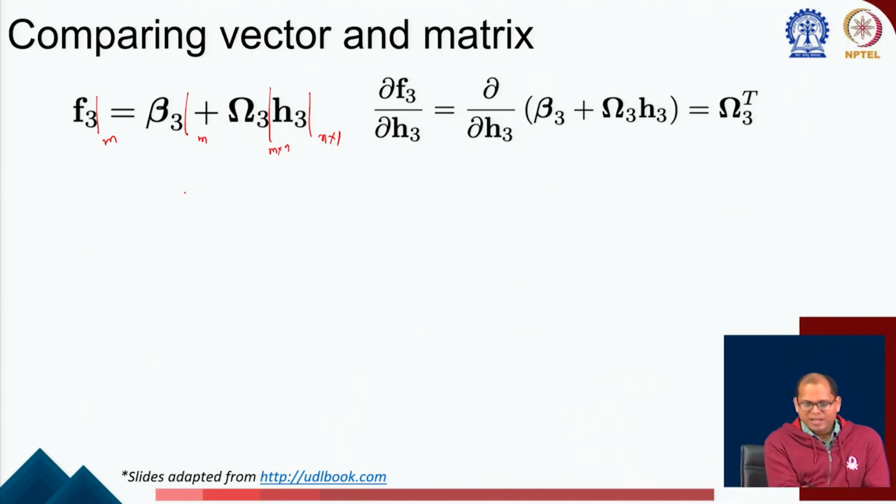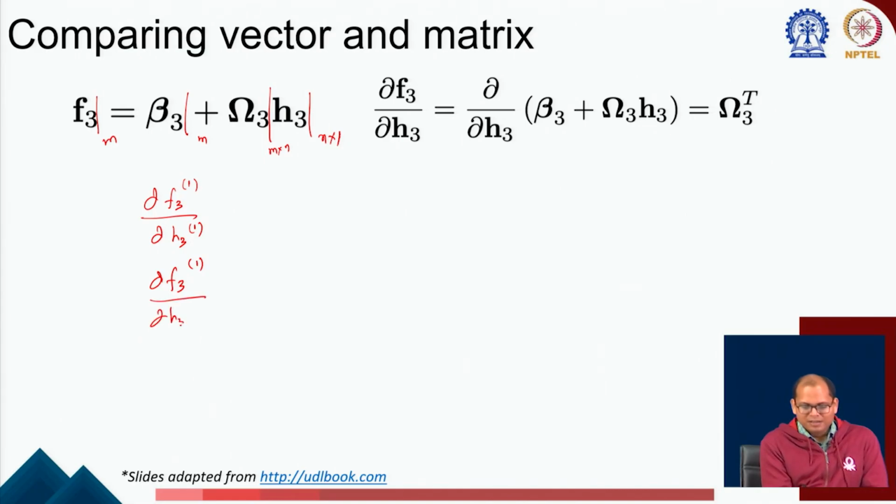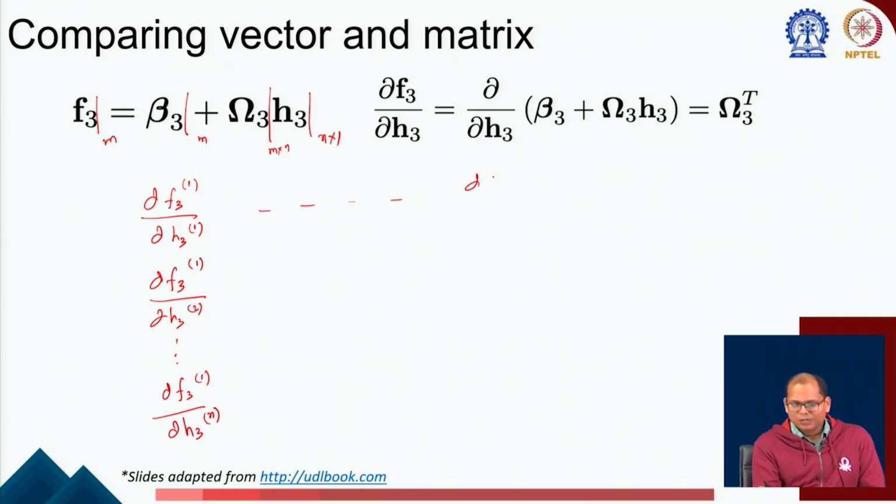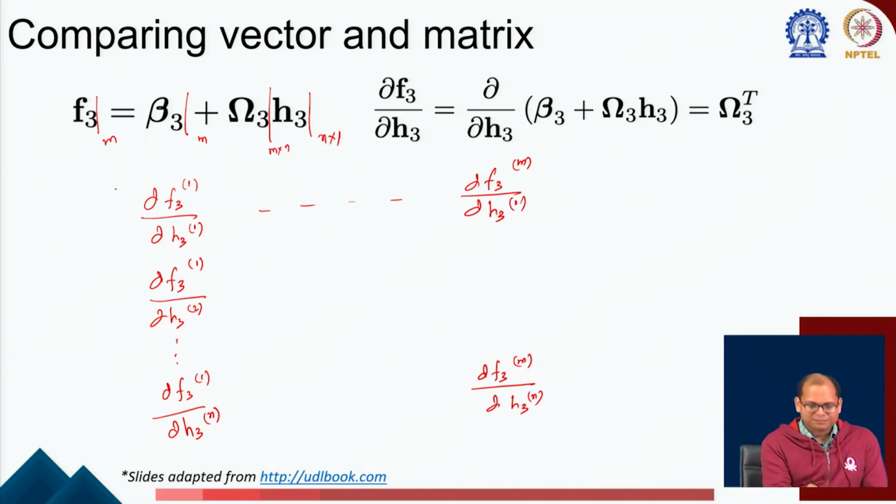So dou F3 over dou H3 will be, F3 has m things, so dou F3 1 over dou H3 1, dou F3 1 over dou H3 2, up to dou F3 1 over dou H3 n, and here I will get dou F3 m over dou H3 1, up to dou F3 m over dou H3 n, right. This is what I will get.